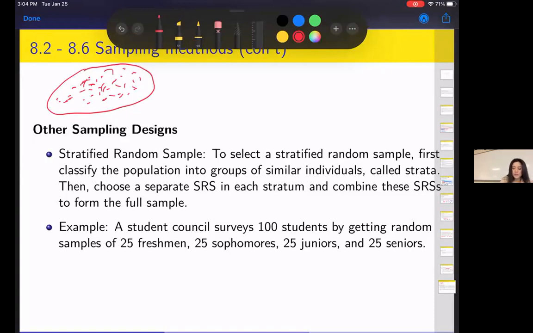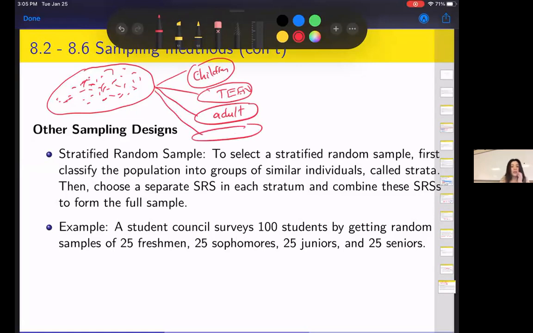So what I'm going to do is stratify this population first. Here is my population of all of the children. The second one will be the population of teens. And then I have adults.